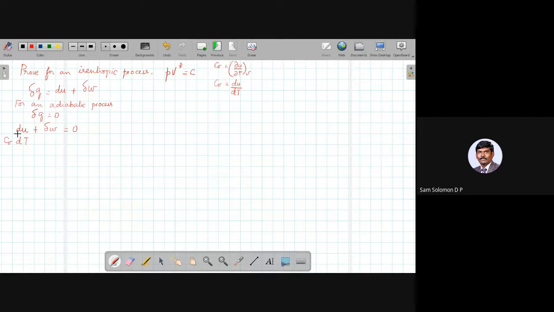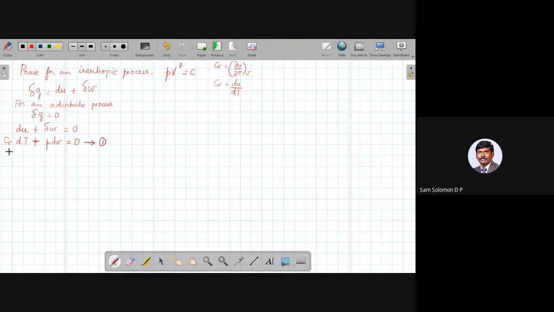So I replace this with CV times dT. And we know that this delta W for a closed system, we can take as PdV. So we have PdV equal to 0. So this becomes the base equation. Let's take this as equation number 1.